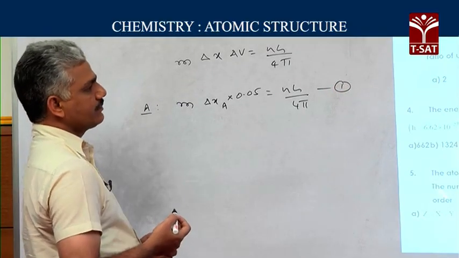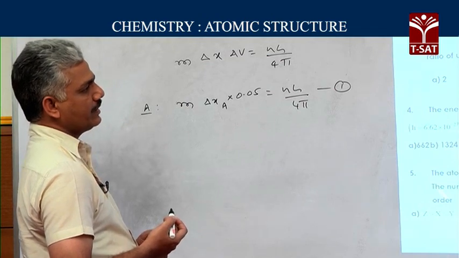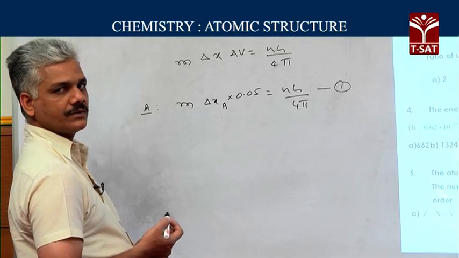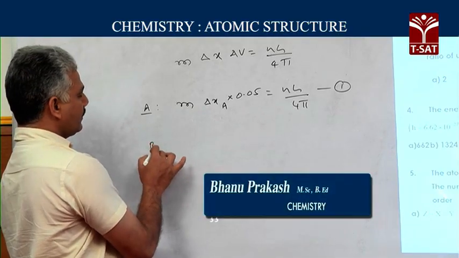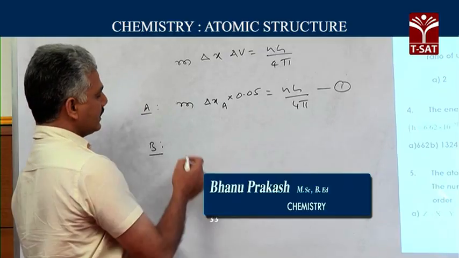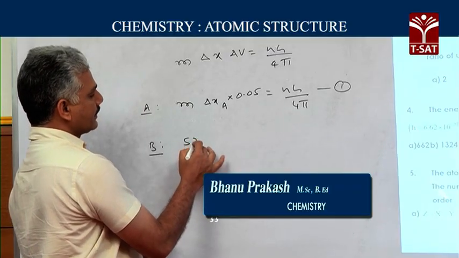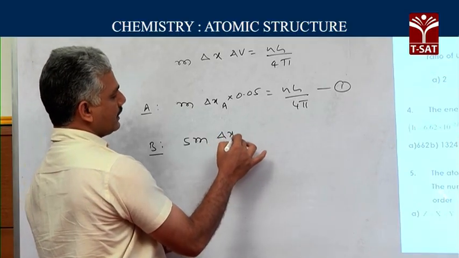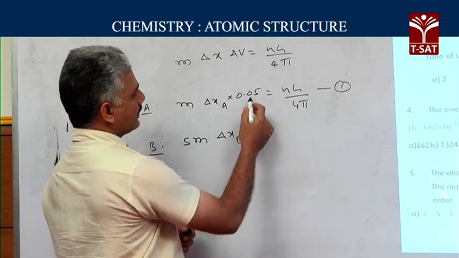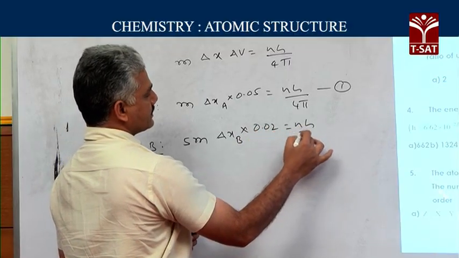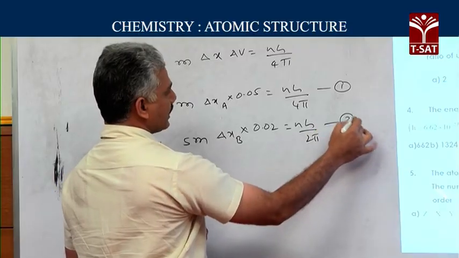Then applying the same relation to the particle B, it is specified that mass of B is 5 times to that of A. Therefore, for B, when you are applying the Heisenberg's equation, in place of m, let us take 5m into delta xB into delta v, specified as 0.02, is equal to nh by 4 pi.